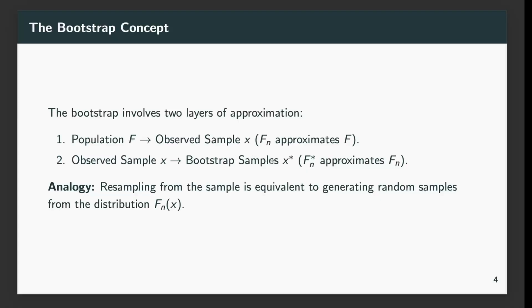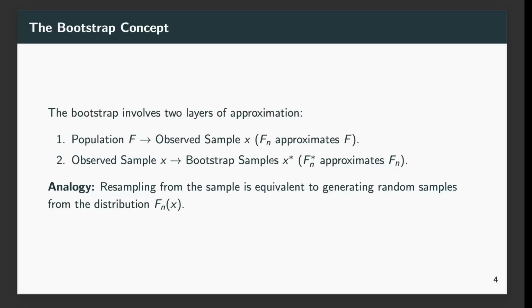And once we have replaced F with Fn, we can simulate a new sample from Fn, which is done by drawing samples with replacement from our observed data. These simulated samples are called the bootstrap samples, and we denote them as X star.